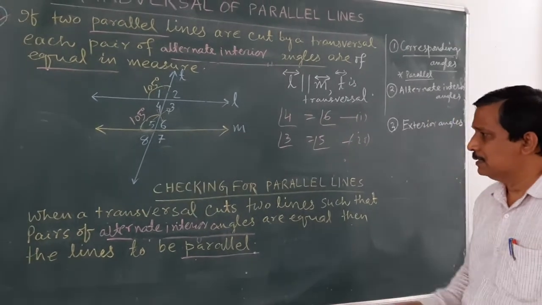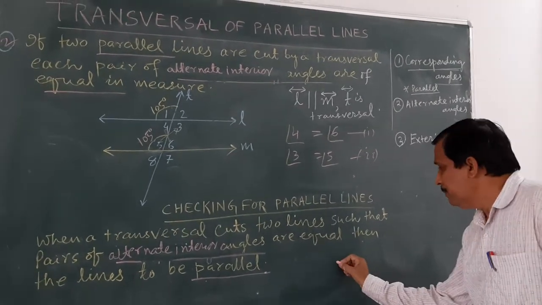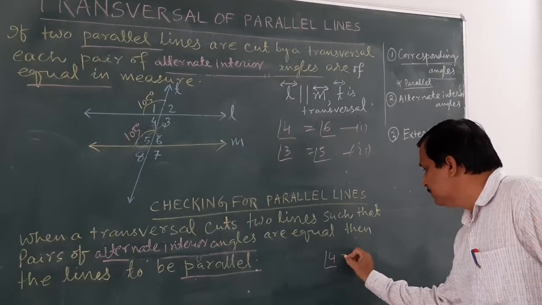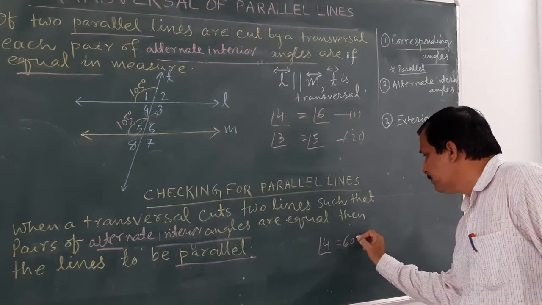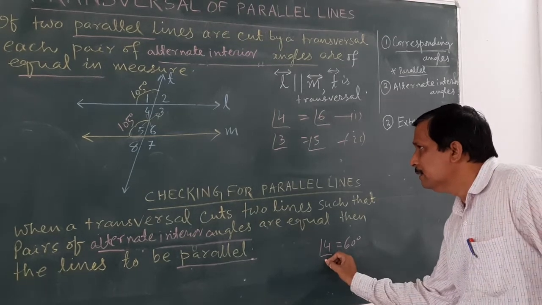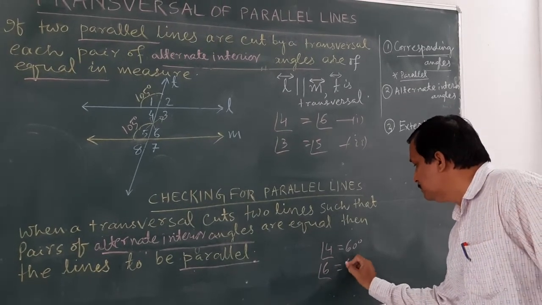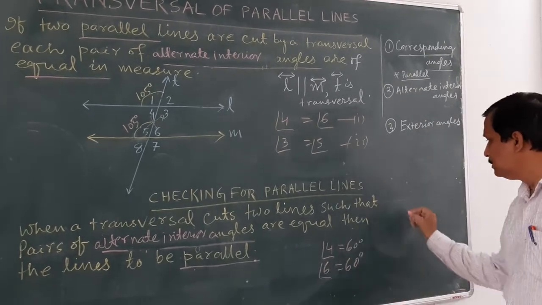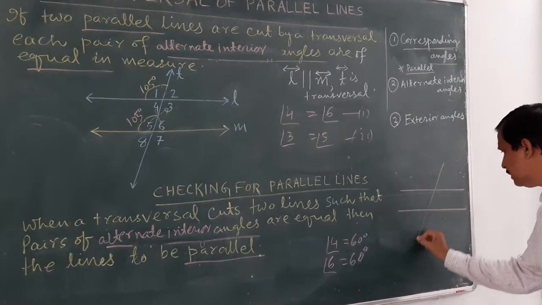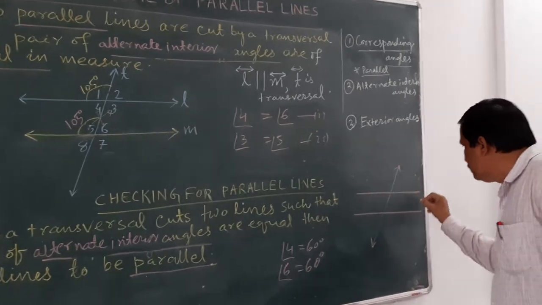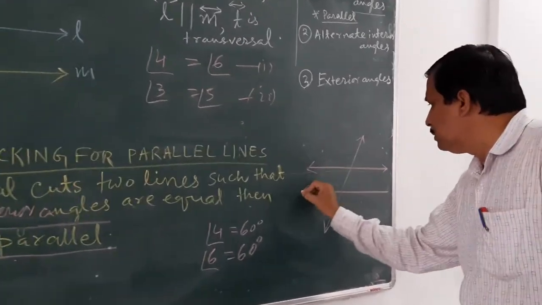Suppose in this case the angle 4 is 60 degrees and angle 6 is 60 degrees. Suppose there is another condition. Suppose there is one line and another line, and this is the transversal. You don't know whether they are parallel or not.